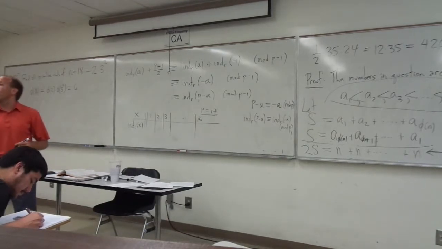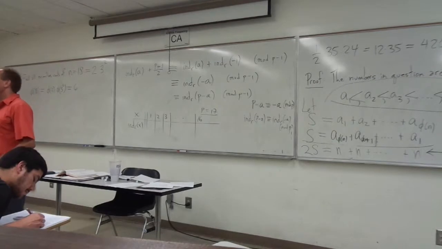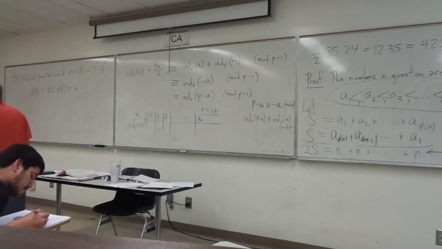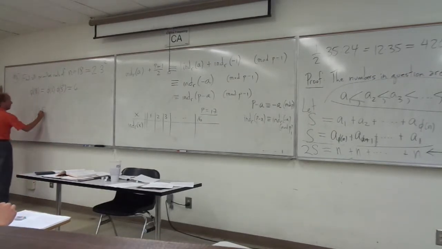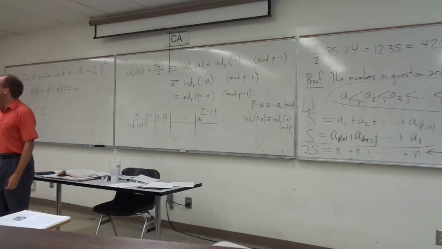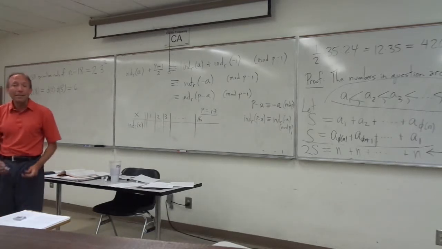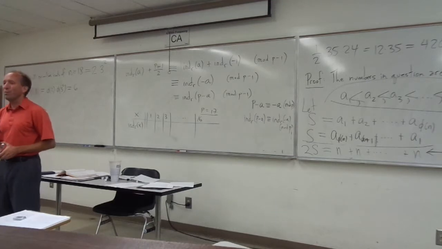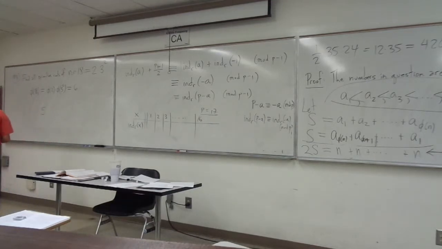And by the way, the order of every element has to divide 6. So if I take a number like 5, its order has to be either 1, 2, 3, or 6. And if you test 1, 2, and 3, and you don't get congruent to 1 yet, then it must be a primitive root, right? So that's pretty easy to do.